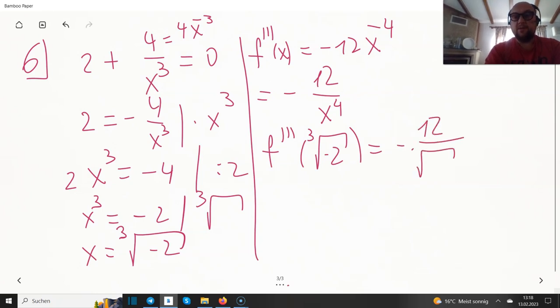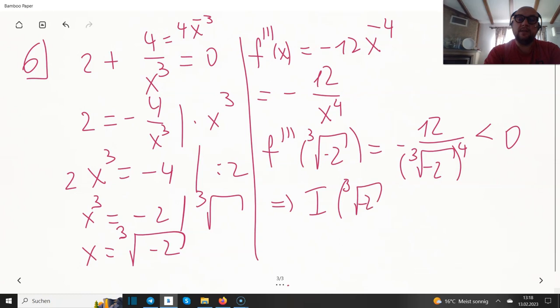So this is the cubic root out of minus 2 to the power of 4. That's right. So I don't care what's happening here. To the power of 4 is giving positive, so it's a negative value for sure. I cannot simplify anything, well, which would be fine. But most important, it's not 0. So we have point of inflection I with the cubic root out of minus 2 as an x value, and well, I know it's a 0 point, so 0 as well. All right, so there we go.